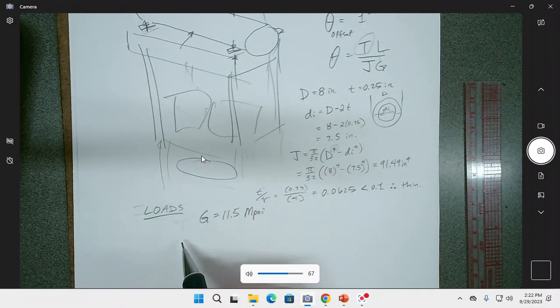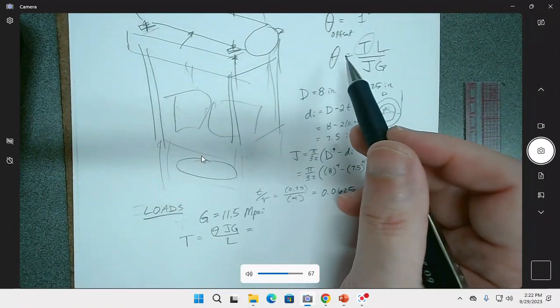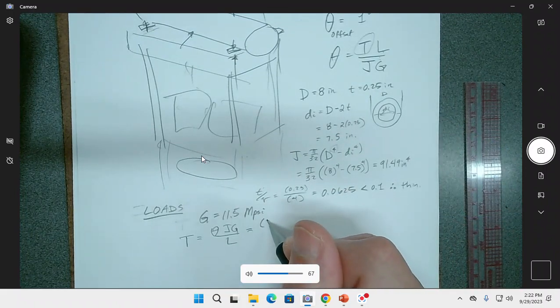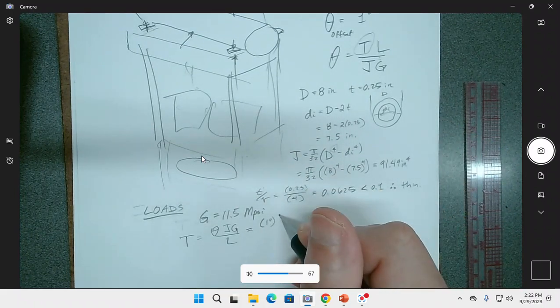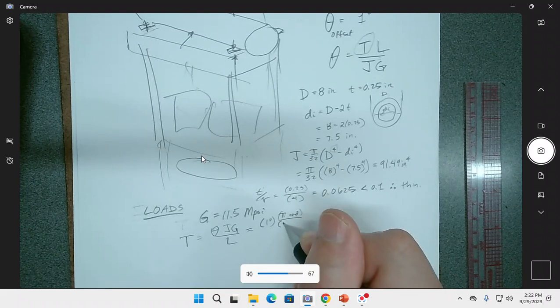Let's see, can I do that in my head? Probably not. I think torque is going to be theta J G over L. Sounds right. But the theta needs to be turned from degrees into radians, right? So we're going to go 1 degree times pi radians over 180 degrees.